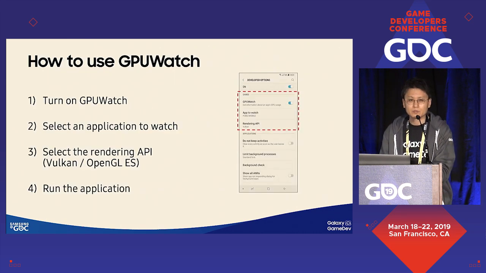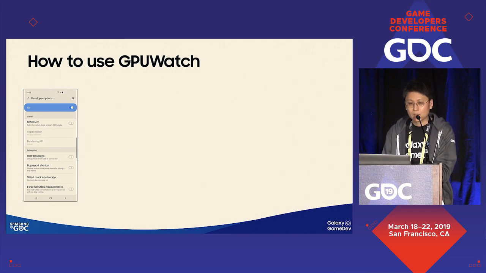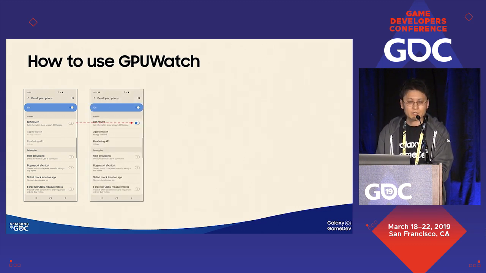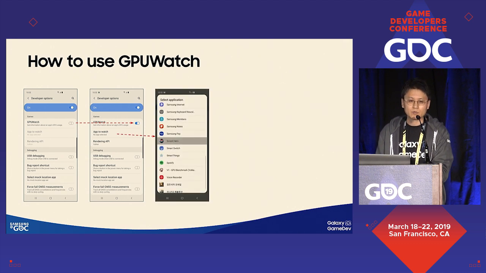Now, let me show you how to use GPUWatch. On Galaxy devices with the Android P OS version, you can find the GPUWatch menu in developer options. To activate GPUWatch, first turn on the GPUWatch menu, and second, select one application or game to monitor the performance.